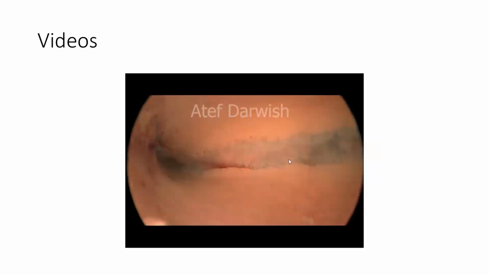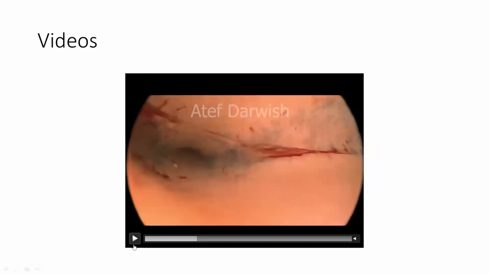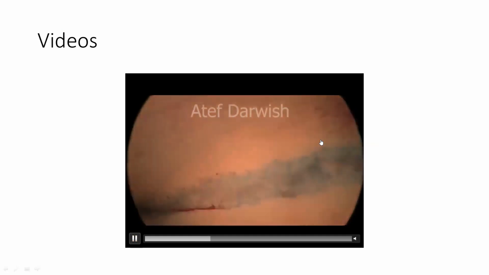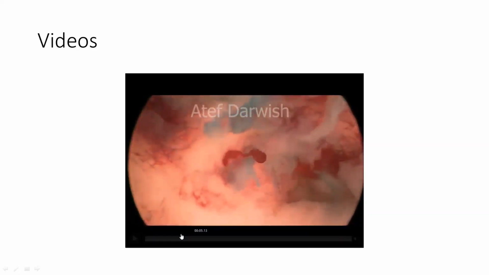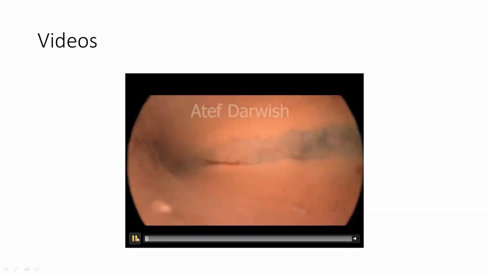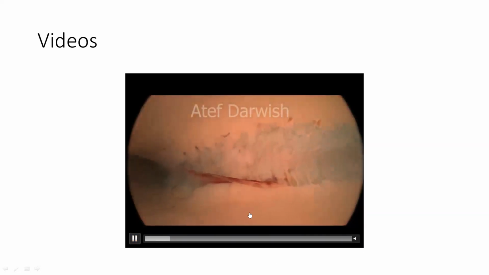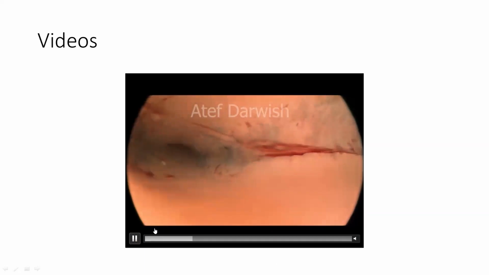And in these short movies, we can see the endometrium and this fundal defect with methylene blue dye taken by this defective endometrium or defective line, which signifies this defect of the fundus.